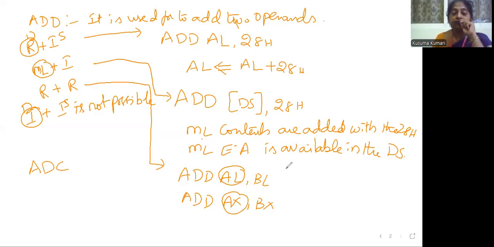For example, here suppose ADD AL comma BL, with the bits 0 1 1 1 0 1 1 0 and 1 0 0 1 0 1 0 0, for example. Then what happens?